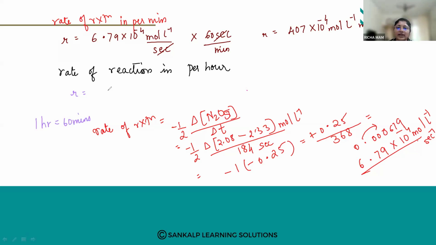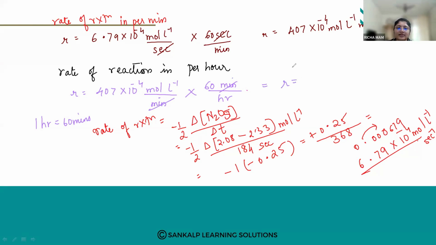So 407 into 10 raised to minus 4 mole per liter per minute into 60 minutes per hour. So minute and minute get cancelled. What will you get?